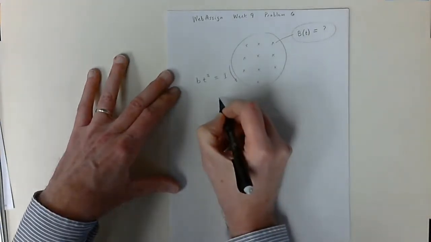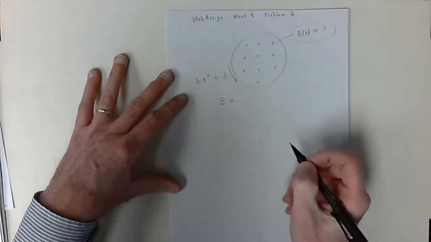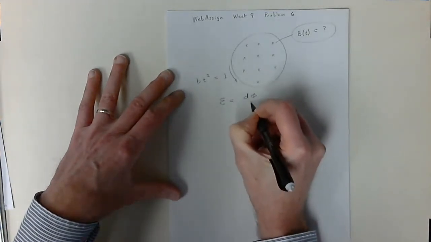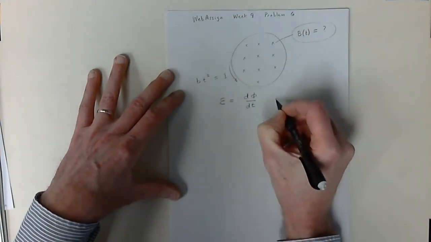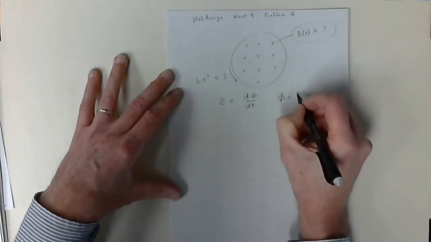Remember, all of this is based on Faraday's law that the EMF induced in a loop like this is equal to the rate of change of the flux. The flux, phi, being B perpendicular times the area.